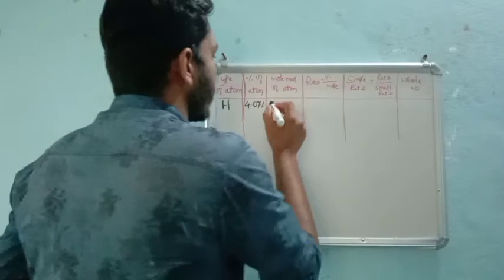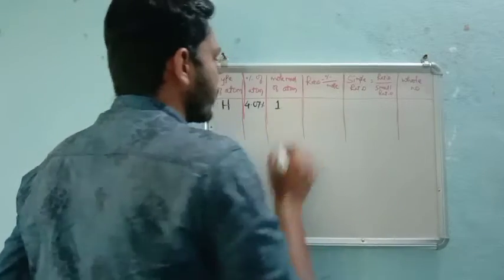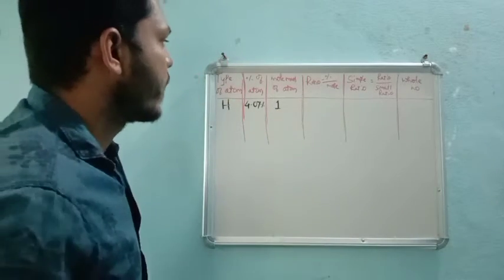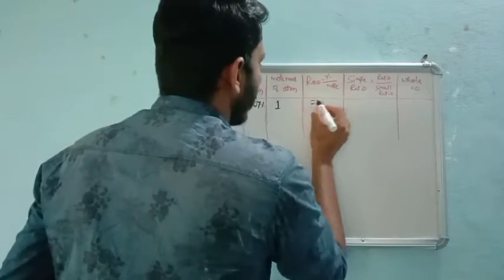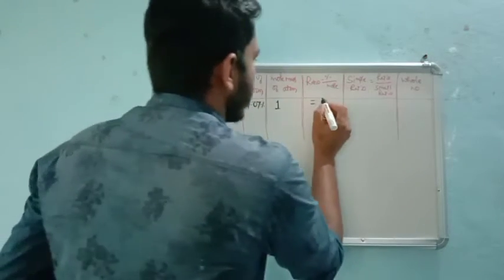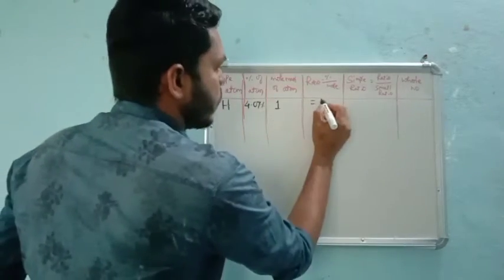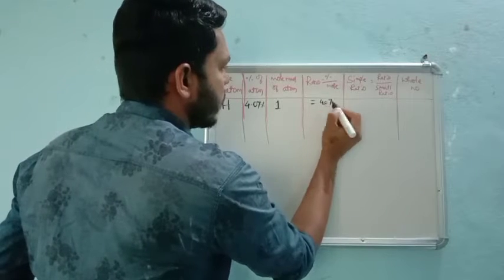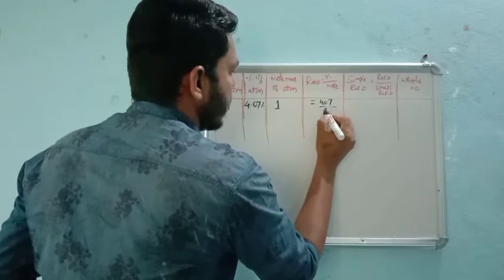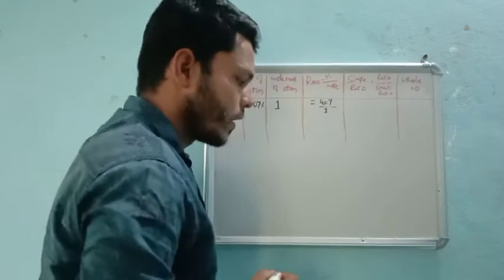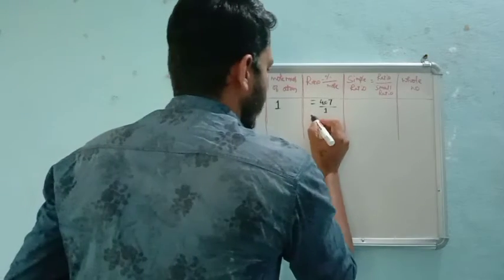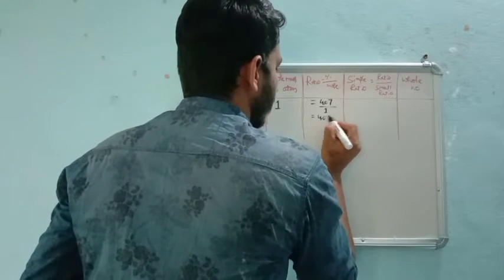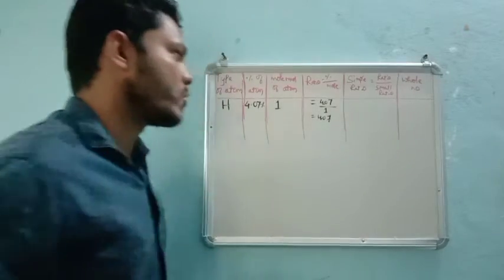The molecular mass of hydrogen is 1, directly we can put it here. Then the ratio is the percentage divided by this: 4.07 divided by 1. So we get 4.07 only as the ratio here.